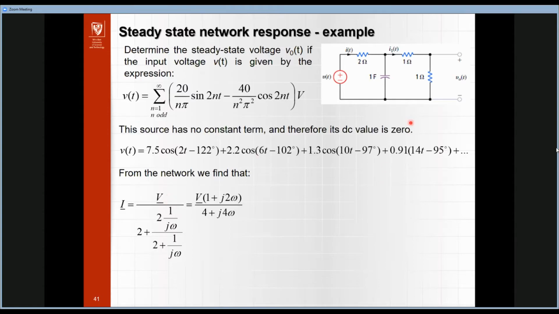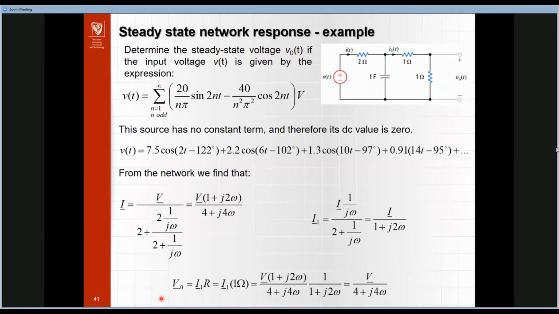Because we have 1 farad here, we have just j omega, because we multiply by 1. And so we have the current here. When we have the current, we can calculate the current I1 using the current divider. As a result, we obtain the output voltage, which is this current multiplied by this resistor.